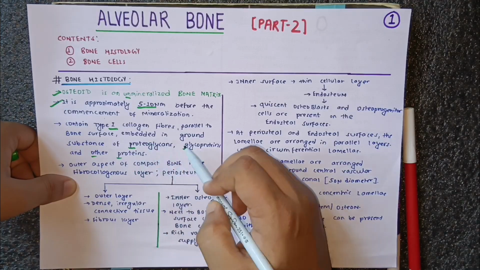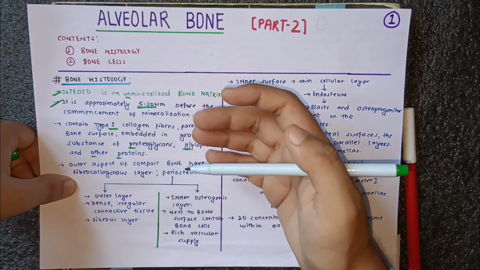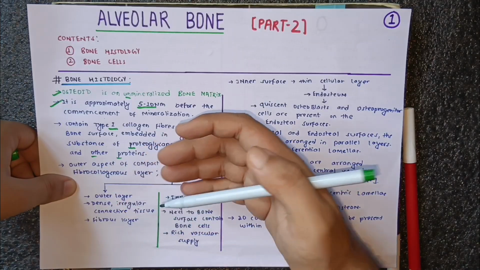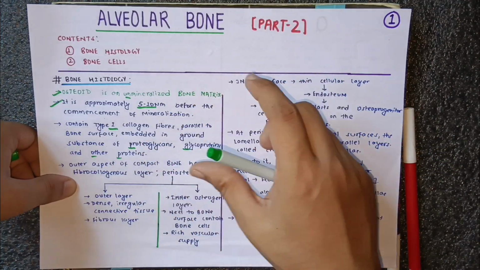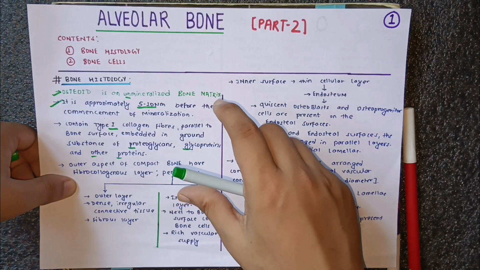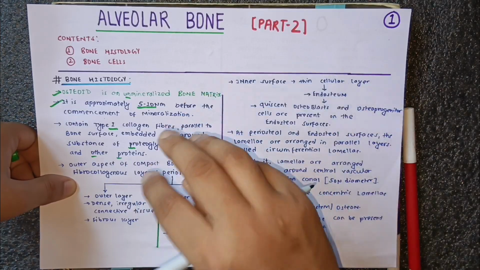After the formation of the osteoid, bone forms. The osteoid gives a proper framework: the organic bone matrix upon which mineralization takes place.